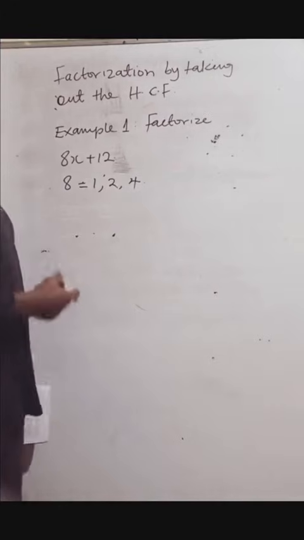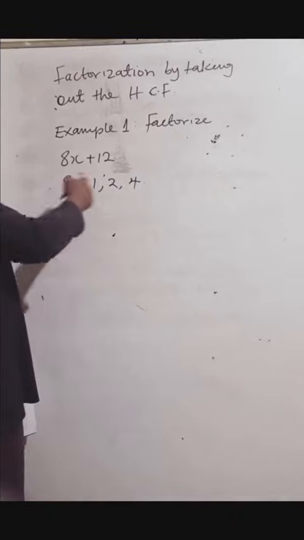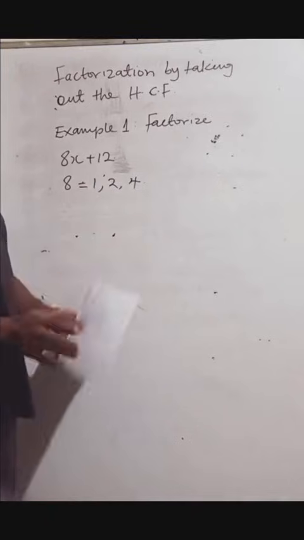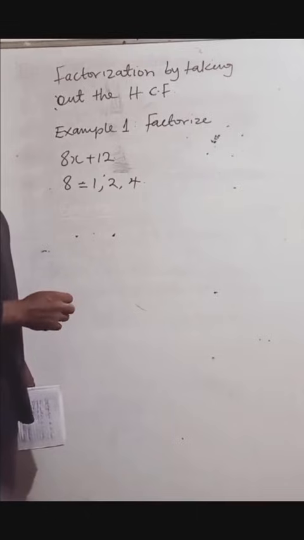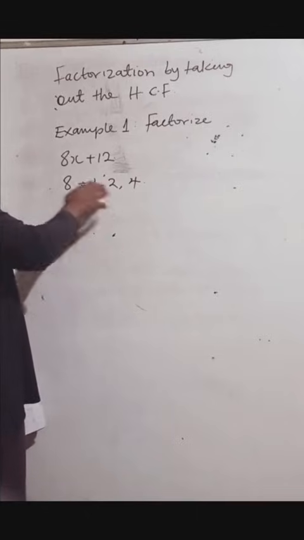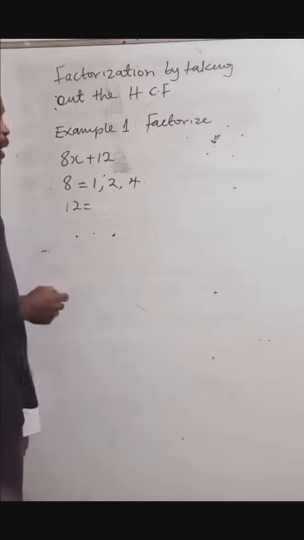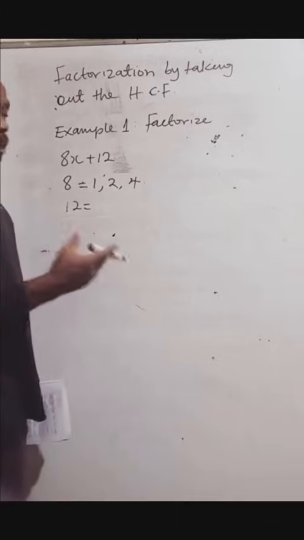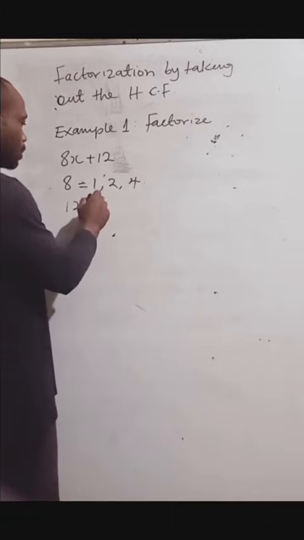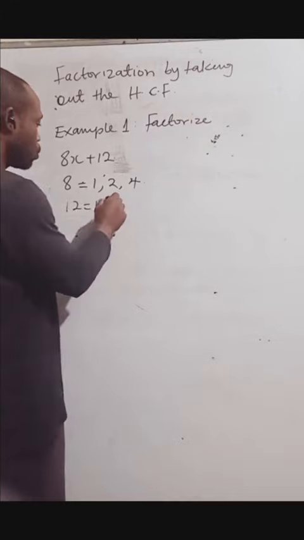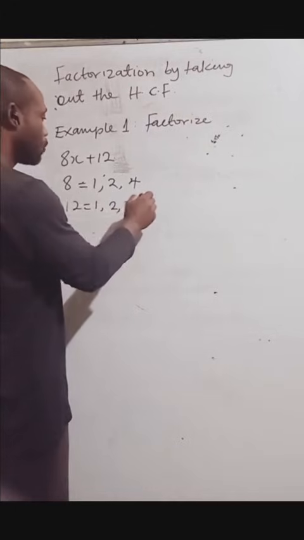They are factors of 8 because they are numbers that can divide 8 without any remainder. So that's why they are factors of 8. Factors of 12 are also numbers that can divide 12 without remainder, and they are 1, 2, 3, 4, and 6.